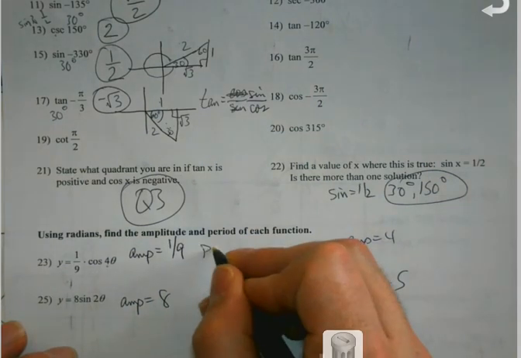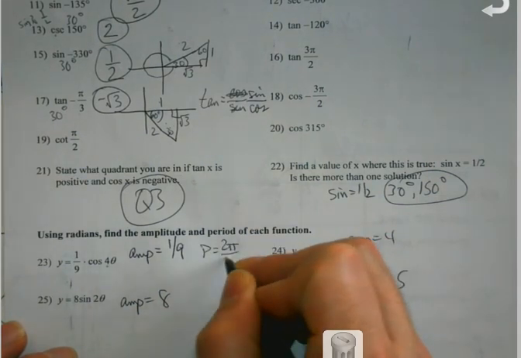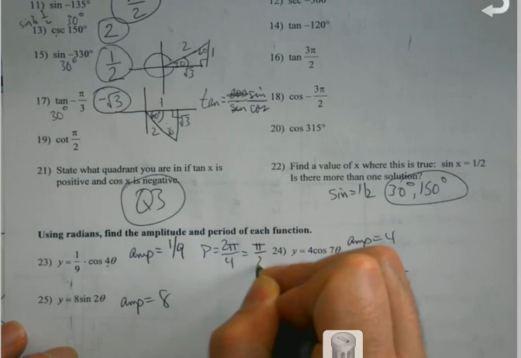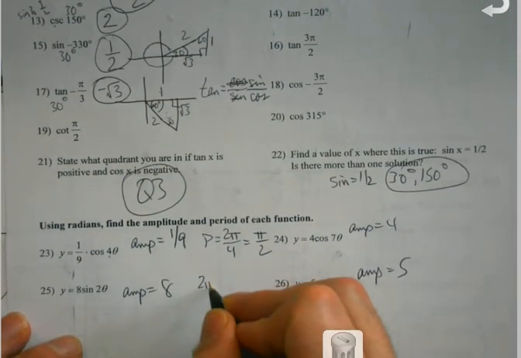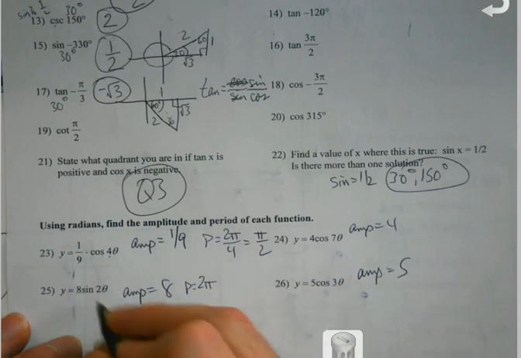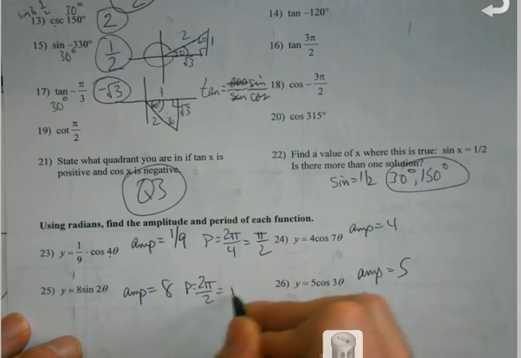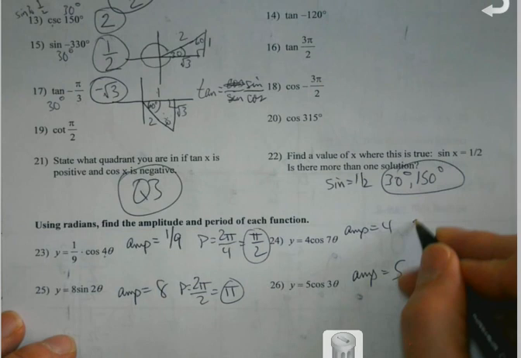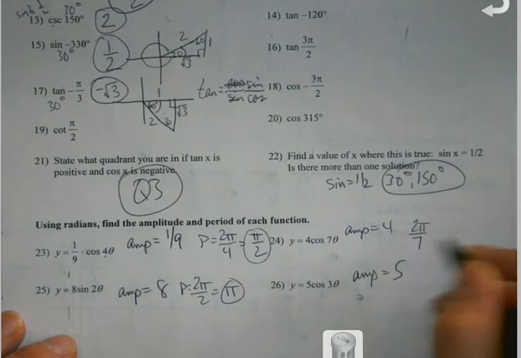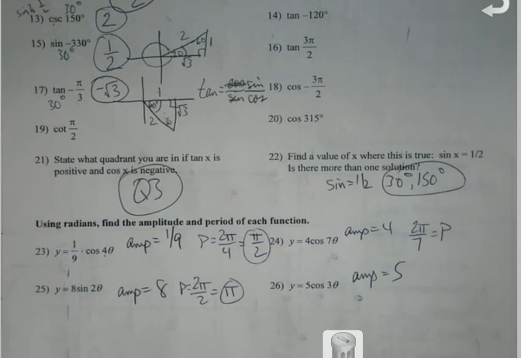So my period, 2 pi over 4, otherwise known as pi over 2. Or 2 pi divided by 2 is pi. Or if you divide it and it doesn't simplify, that's okay.